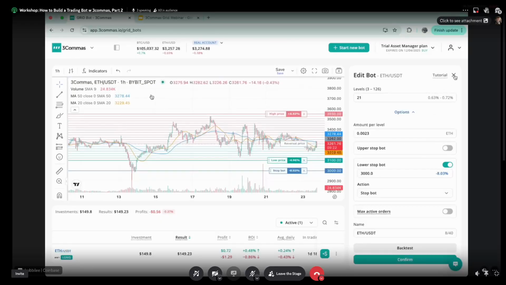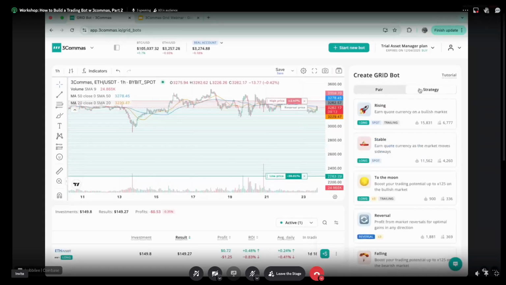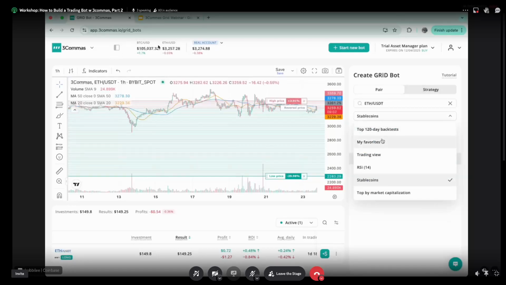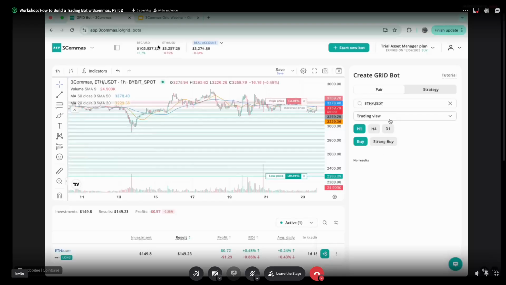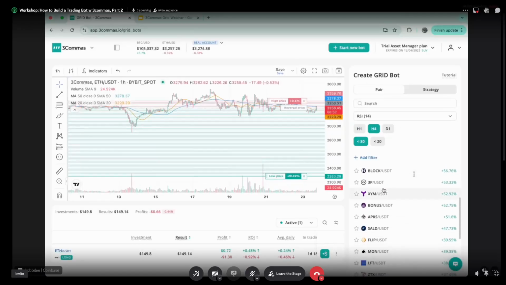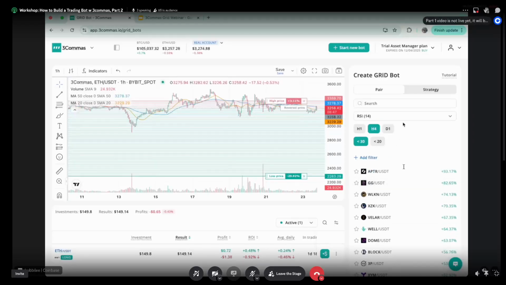If we look at the board that I made, let's go back and see how you can create your own. So we have here the strategy selector or a pair selector. It doesn't matter how you do it. It's just for you, because we have some things here like TradingView or the RSI that might be helpful if you want to check how the market is moving, and this will allow you to select the trading pairs.